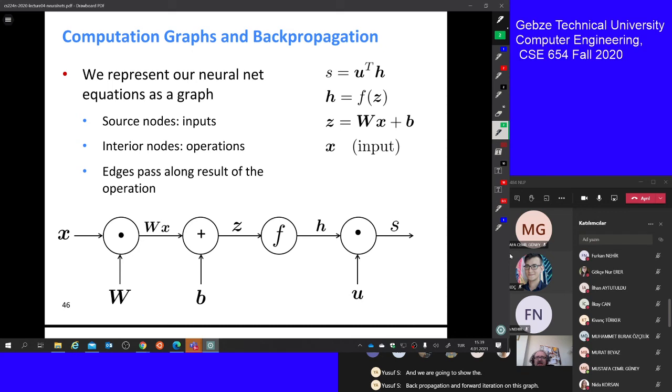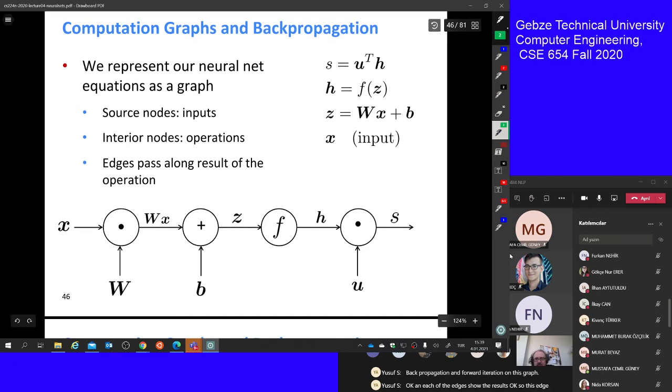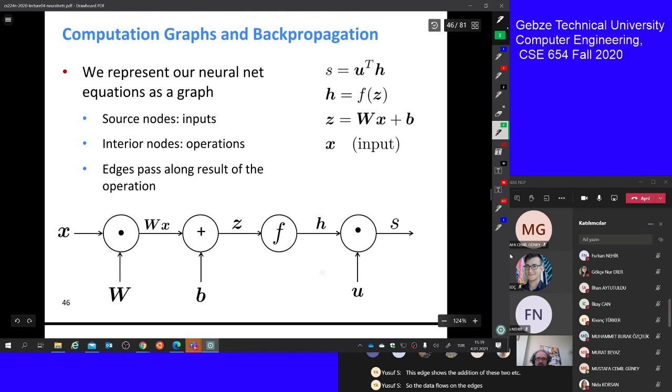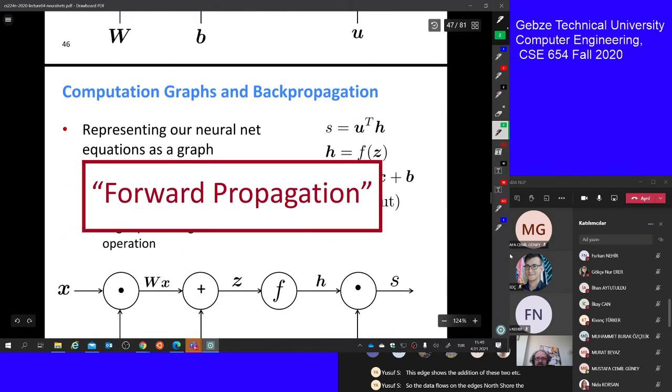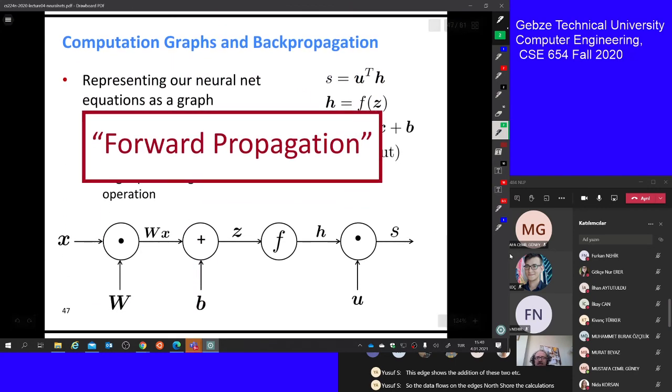Each of the edges shows the results. This edge represents the result of the multiplication of these two, this edge shows the addition of these two, etc. So the data flows on the edges, and nodes show the calculations.